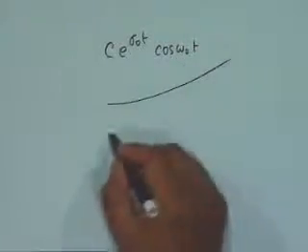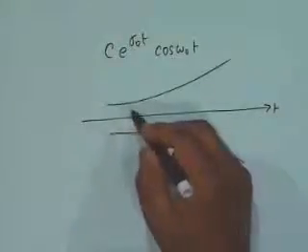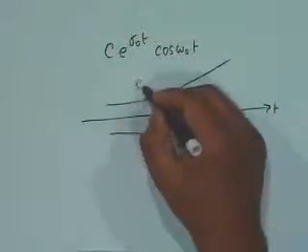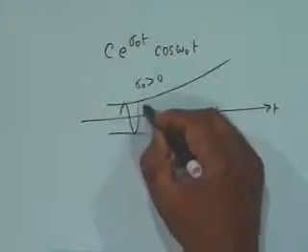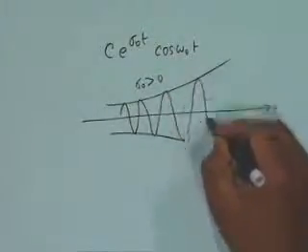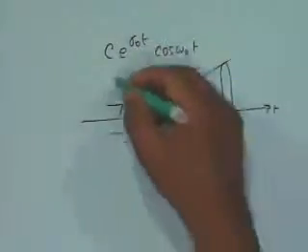As t increases, if sigma 0 is greater than 0, then the plot shall be like this. The amplitude will grow with time. On the other hand, if sigma 0 is negative, then it will go like this.